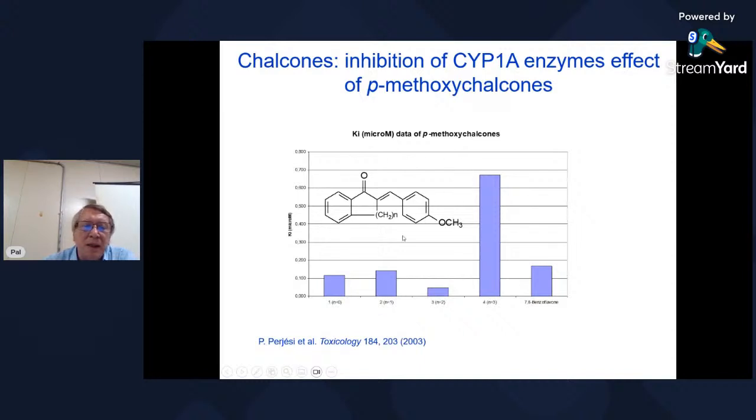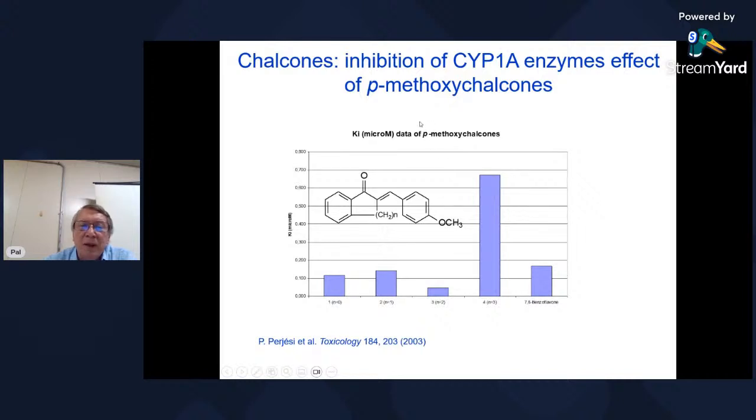Our presumption has been proved. As we can see, comparing the Ki values of these methoxy derivatives, you can see that most of them, all of them, are even stronger inhibitors of the cytochrome P450 1A than the investigated 7-membered analogs.